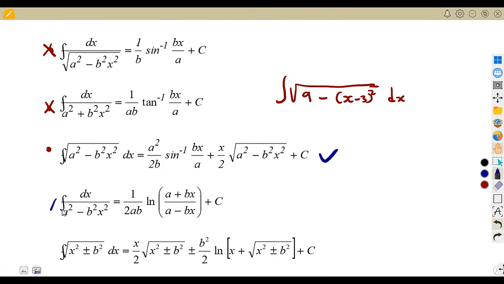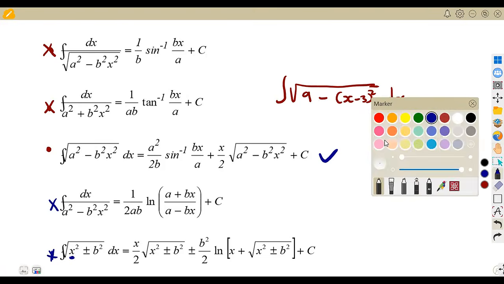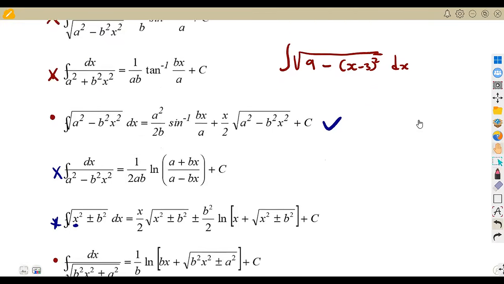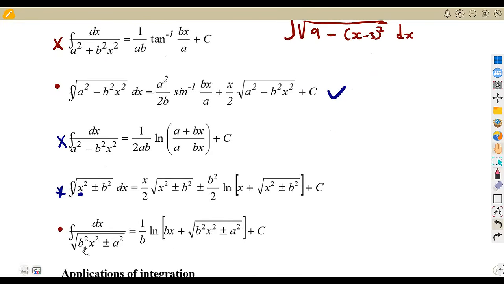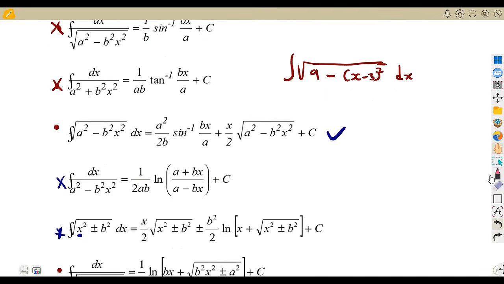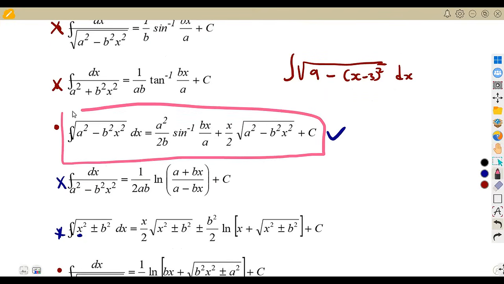The next one starts with x squared, so unless we change this part, it is out. And 1 over the square root of this is totally out. So the best formula to apply was this one. It matches exactly the way that we have here.